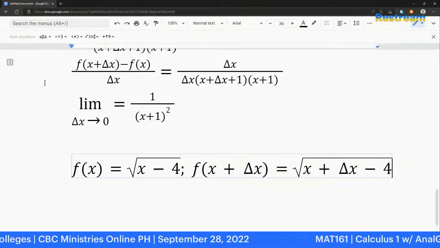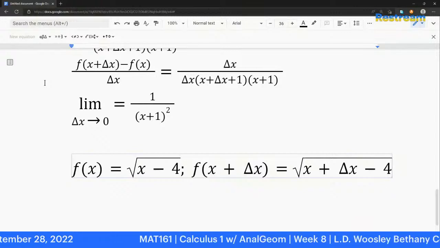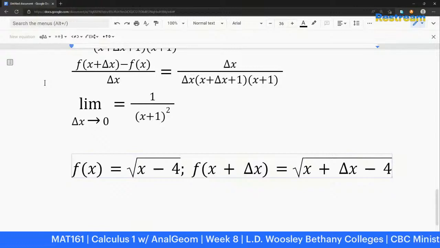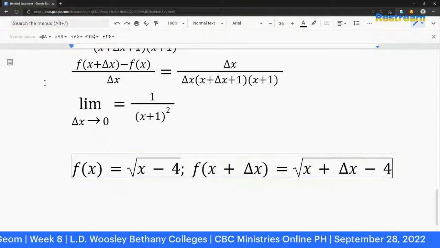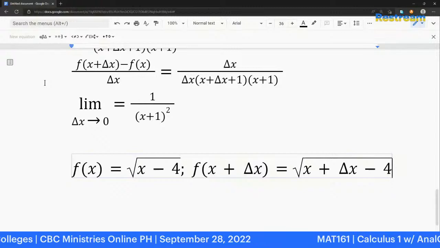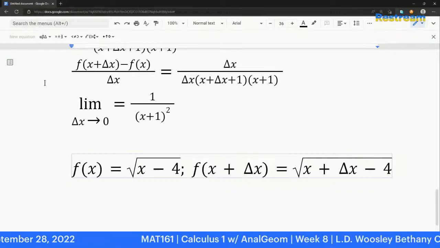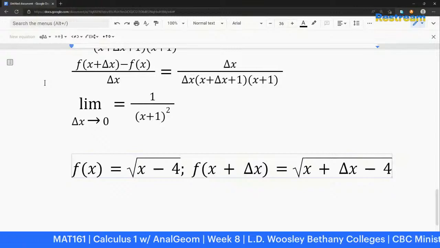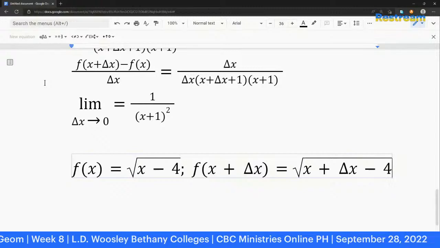Okay, so ayan guys, pinakita ko na yung f of x plus delta x. So, get the difference, then divided by delta x. Ang problema nyo, paano nyo gagawin? So, pag-isipan nyo maigi. Actually, bihirang mangyari sa manipulation ng mathematics to. Now, hindi lang rin na-rationalize ang denominator. Sometimes, for you to simplify further, we need to rationalize the numerator.